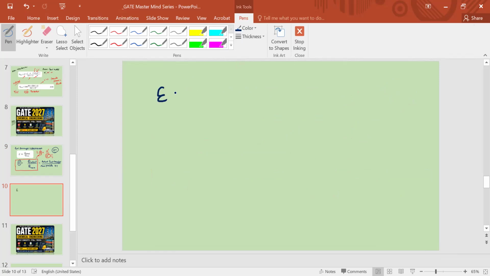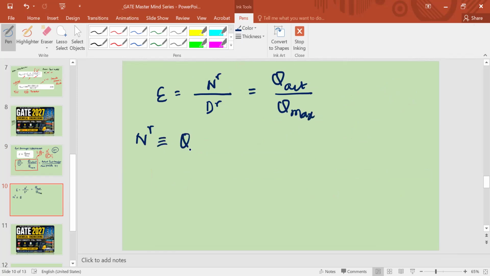So heat transfer effectiveness, and we have two quantities here, the numerator and the denominator. Now, what is this numerator? The numerator is Q actual, by Q max. This Q actual heat transfer we can write in terms of either the hot fluid or the cold fluid.